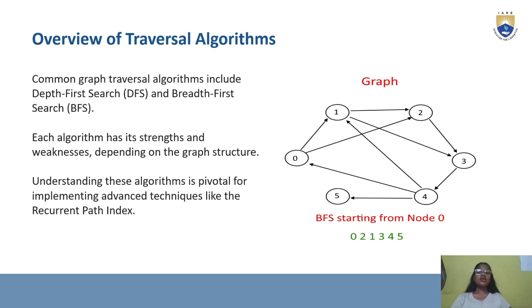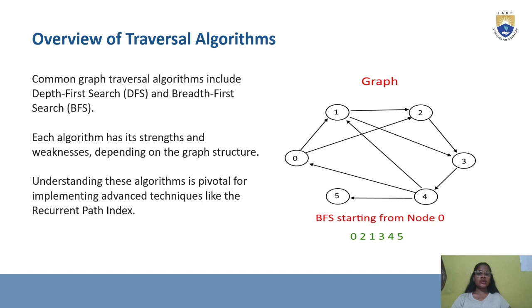Let us get the overview of traversal algorithms now. Common graph traversal algorithms include depth first search (DFS) and breadth first search (BFS). Each algorithm has its strength and weakness depending on the graph structure.